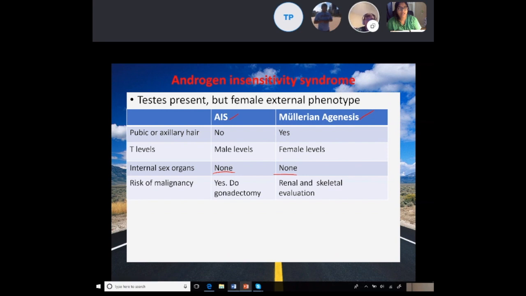So, in androgen insensitivity syndrome, there is a risk of malignancy because this person has testes.